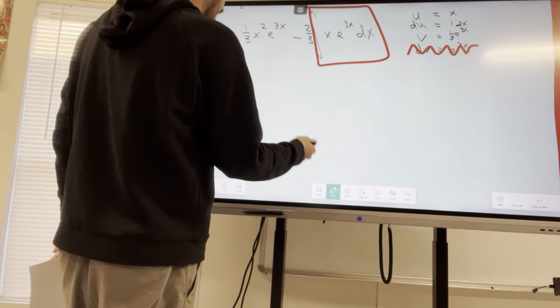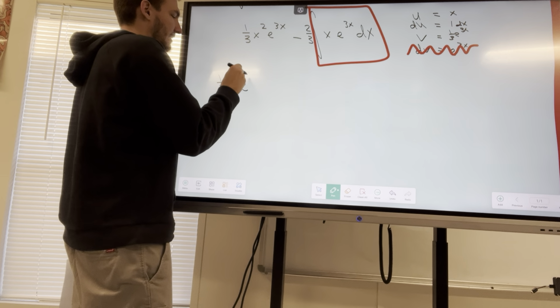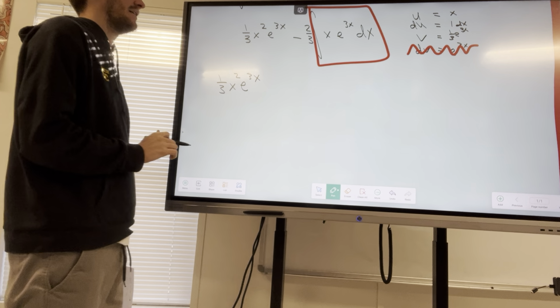This first piece has not changed and will not change. 1/3 x squared e to the 3x. That piece is fine.